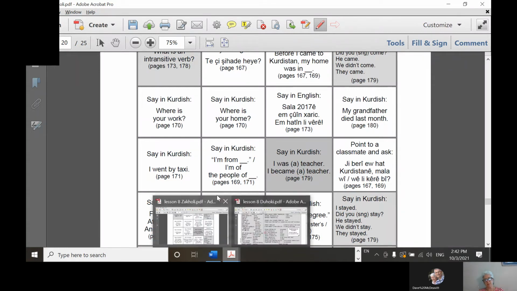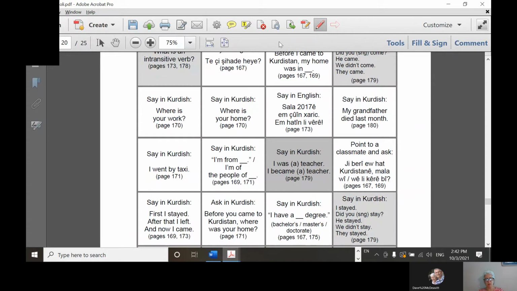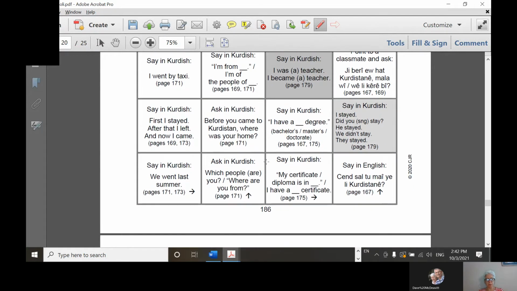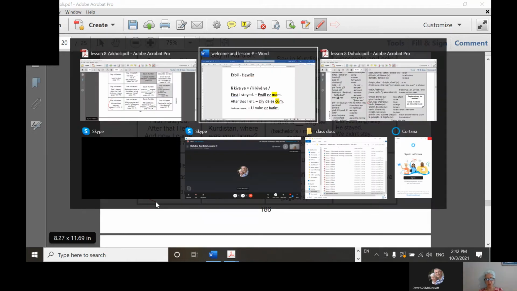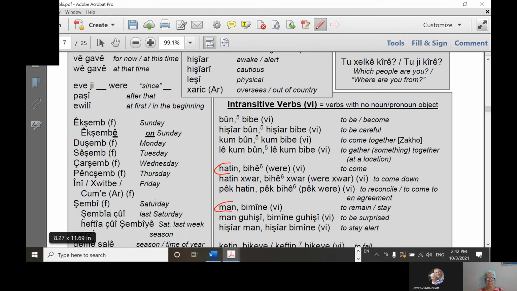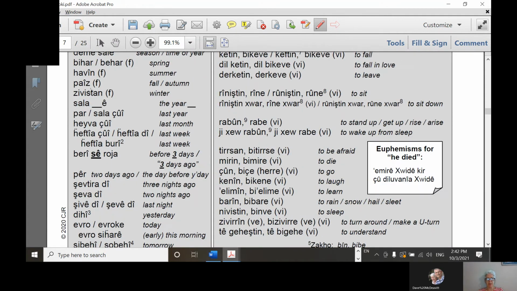Ask in Kurdish. Before, we have one more down here at the bottom. Say in Kurdish, we went last summer. So summer, 171, 173. Let's find the word for summer. Here it is.